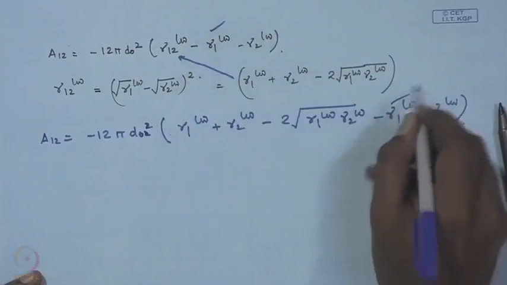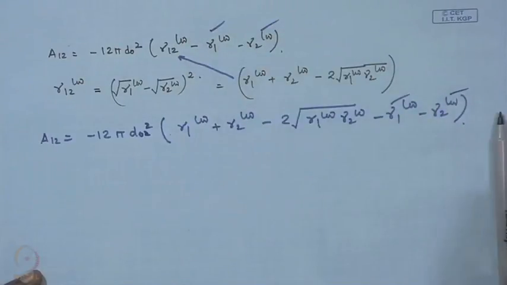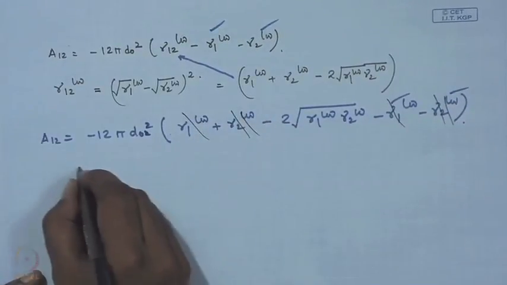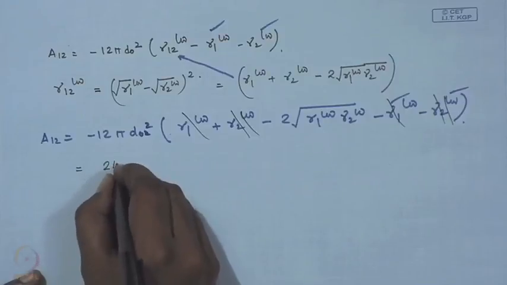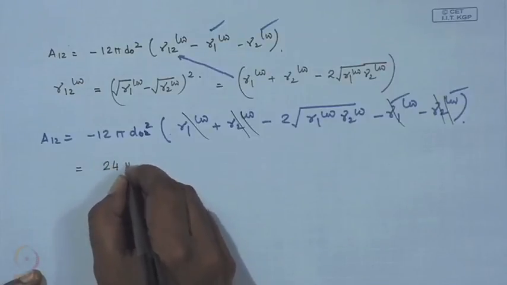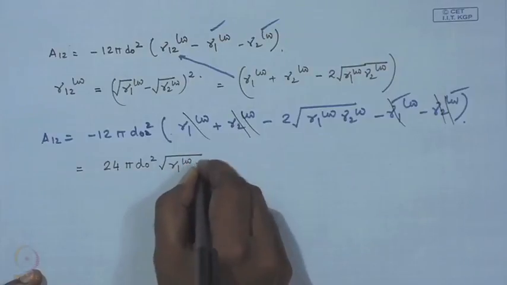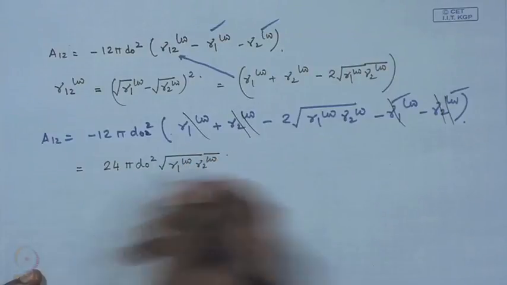These terms cancel out and you are left with 24 pi d0 square into under root of gamma 1 LW into gamma 2 LW.